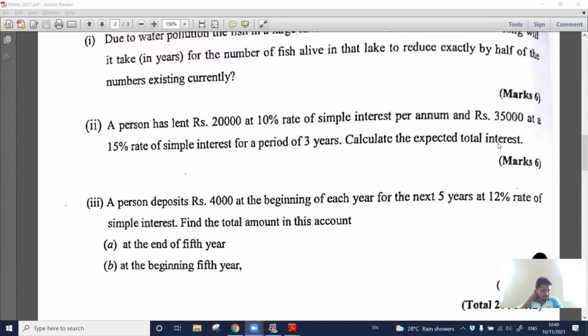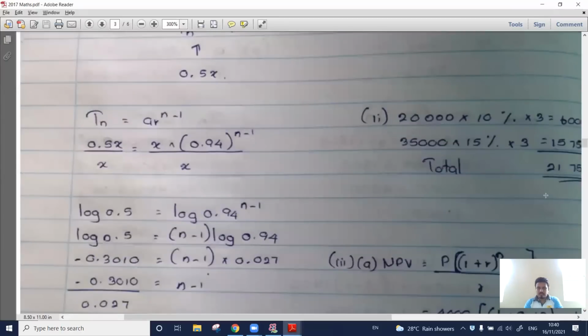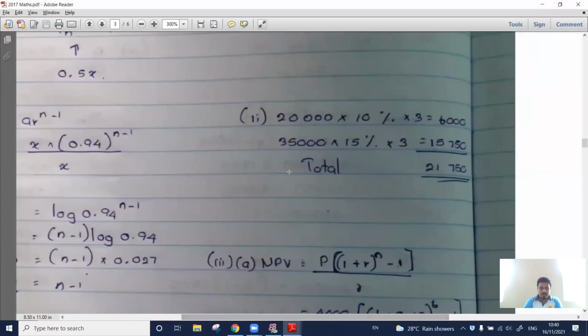This is easy. Total interest in simple interest, very easy. What is the formula? Capital I equals to P, principal into interest rate into number of years. Principal 20,000 into interest rate 10% into number of years 3. 20,000 into 10% into 3, 6,000.